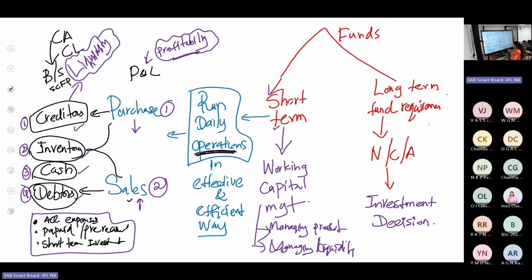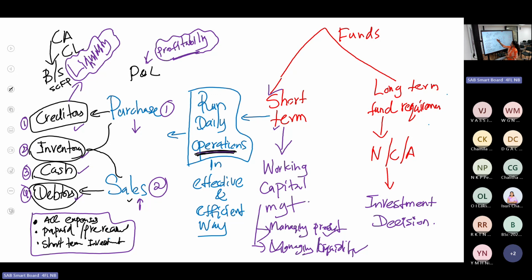So since the company wants to have these two objectives running smoothly, companies have to handle the daily operations. The main objective is that the company needs to have profit and maintain liquidity. To maintain liquidity and profit, the company needs to handle the daily operations in a smooth way.